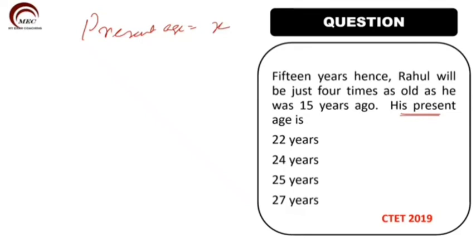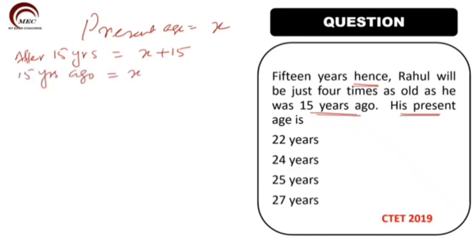15 years hence. After 15 years, this will become x plus 15. And 15 years ago, this was x minus 15. Present age is x. So after 15 years, it becomes x plus 15. 15 years ago, it was x minus 15.